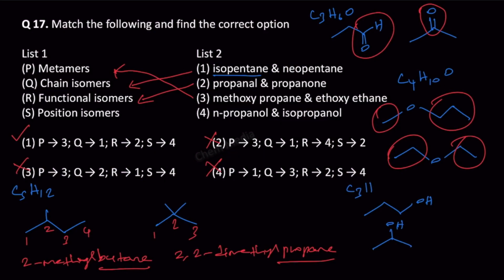Molecular formula is C3H8O in both the cases, and these two are position isomers, because they differ by the position of the alcohol functional group, and therefore 4 should match with the S. Therefore option 1 is the correct choice here.